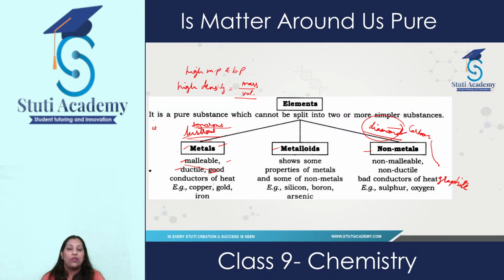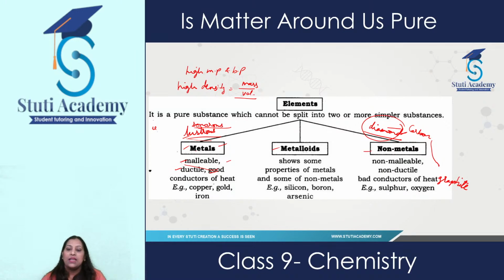They are allotropes. And what are allotropes? Allotropes are those substances in which an element exists in nature in two or more forms. So carbon exists in nature in two forms, diamond and graphite. And diamond is very, very shiny in nature. It's extremely shiny. So except diamond, all other non-metals are non-lustrous.